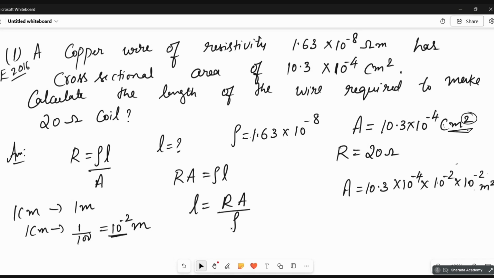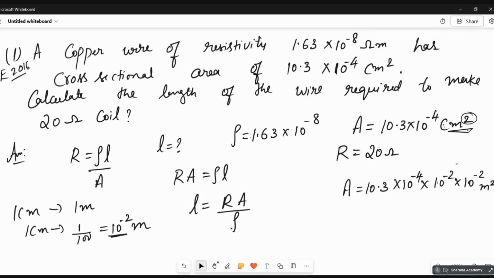This is correct. R, you have written 20 into 10.3 divided by 1.63. Exponentials separately. Exponentials, I cancel it.